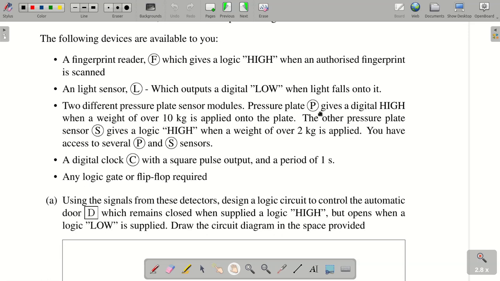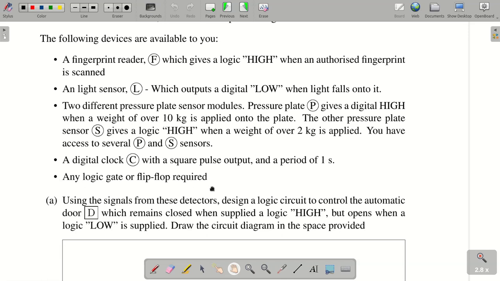Okay, so you have pressure plates P, which is sensitive to 10 kgs, and pressure plate S, which is sensitive to 2 kgs. Okay, you're also given a digital clock C, which has a square pulse output and a period of 1 second. And you also have access to any logic gate or flip-flops which you need.